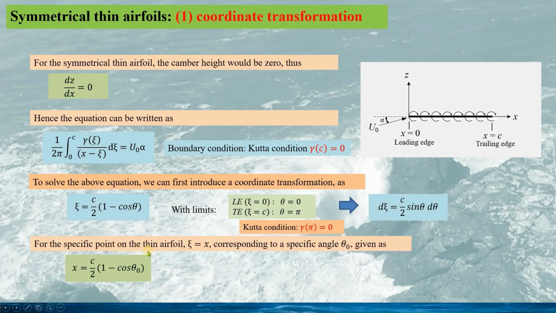For the specific point P on the thin airfoil, where z equals x, which would correspond to a specific angle theta 0, given by this expression. So we can have x minus z expressed as this.